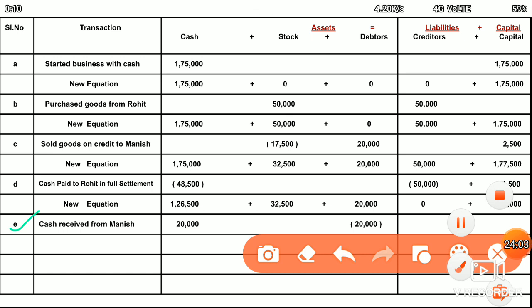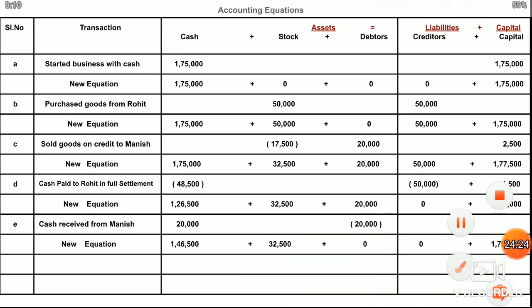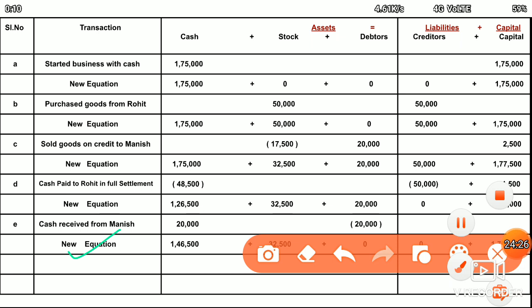So number E, we have cash received from Manish. So the business is receiving cash, cash is increasing. On the other hand, the debtors have paid, so the debtors have to be decreased by 20,000 rupees. So the new equation will be, the cash will increase from 1,26,500 by 20,000, so the new balance of cash will be 1,46,500.